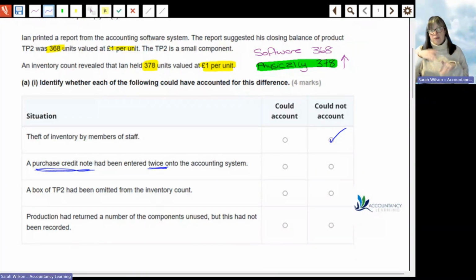If we duplicate that, our physical stock is going to be higher than our software. So that could account. And remember, we're always going back looking at what was higher.